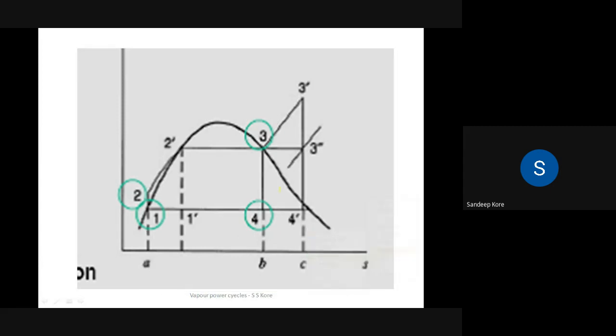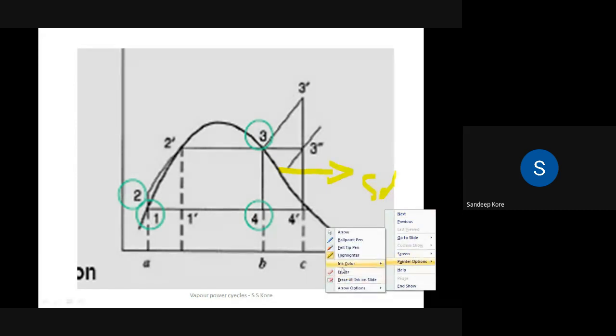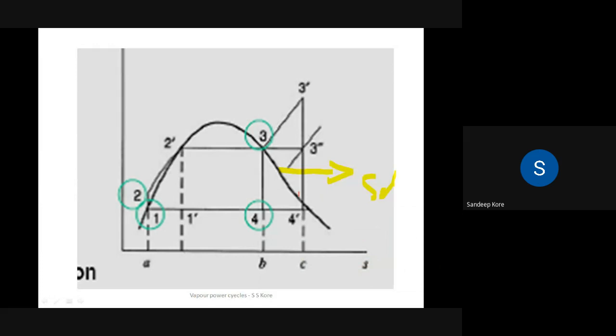So whatever the dome you observed, it is called as a saturation curve. ठीक है। अभी इसको सैचुरेशन कर्व क्यों बोलते हैं, क्योंकि इस पर अगर कोई पॉइंट लाई होता है तो उसकी कंडीशन सैचुरेटेड रहती है, बराबर। तो यहाँ पे क्रिटिकल पॉइंट है, मैक्सिमम पॉइंट ऑफ दिस डोम, और क्रिटिकल पॉइंट के लेफ्ट साइड पे जो लाइन है उसको बोलते हैं लिक्विड सैचुरेशन लाइन, और राइट साइड की जो लाइन है उसको बोलते हैं वेपर सैचुरेटेड लाइन। तो इस लाइन पे अगर कोई पॉइंट है तो उसकी कंडीशन क्या है, सैचुरेटेड है, मीन्स लिक्विड इज सैचुरेटेड टू absorb the heat. If more amount of heat is supplied, the liquid is going to convert into vapor.